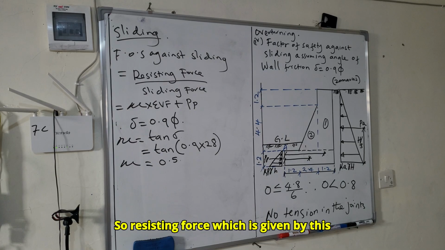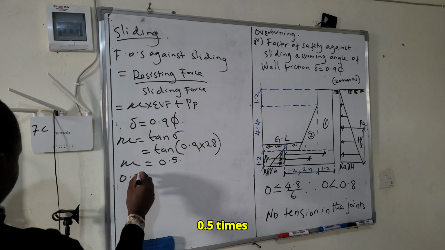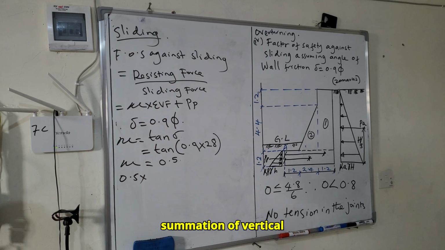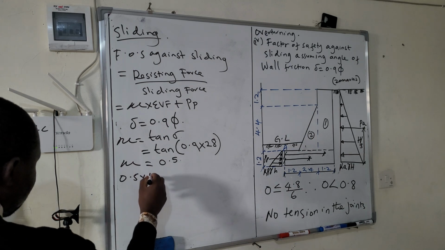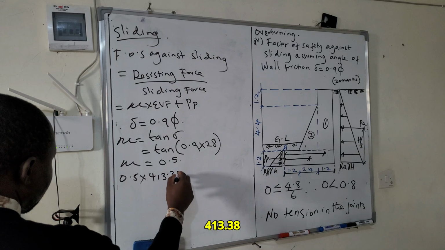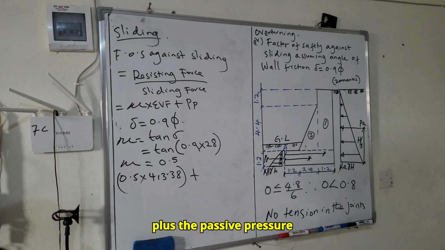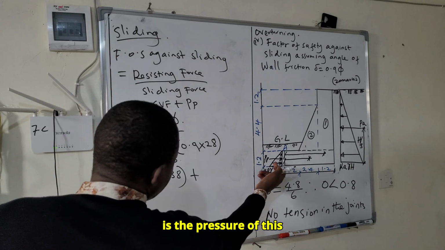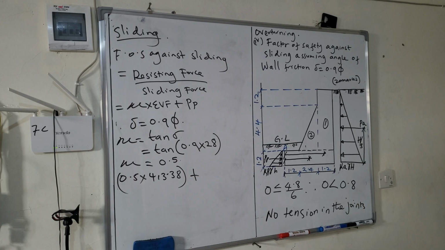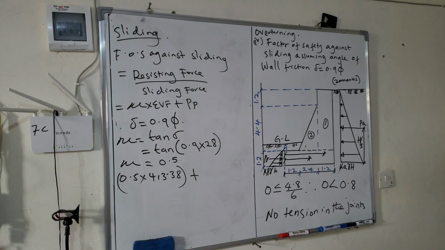So resisting force, which is given by this formula, will be 0.5 times summation of vertical forces, 413.38, plus the passive pressure, which is the pressure of this pressure diagram.